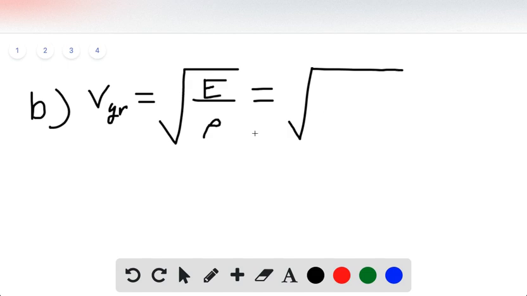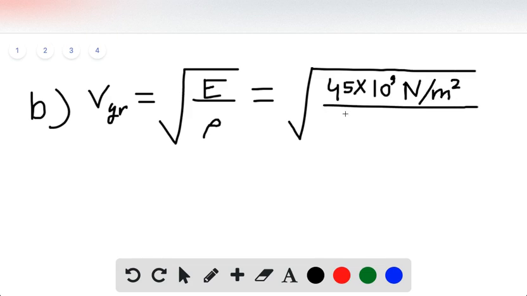And so from those tables, 9-1 and 10-1, we have for granite 45 times 10 to the 9 newtons per square meter over its density, which is 2,700 kilograms per cubic meter.